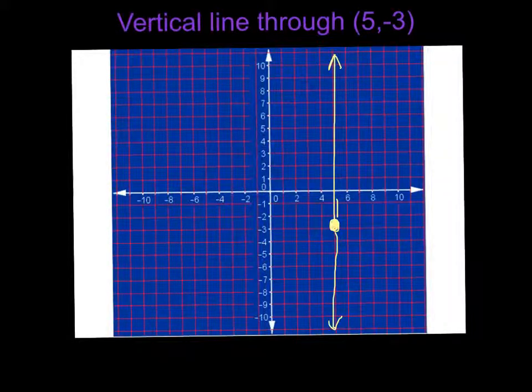If you picked any point on that line, you would notice that the x value never changes. So if the x value never changes, your equation is going to be x equals, and then whatever that x value is. Here it is 5. So our equation of the vertical line that goes through the point 5, -3 is x equals 5.